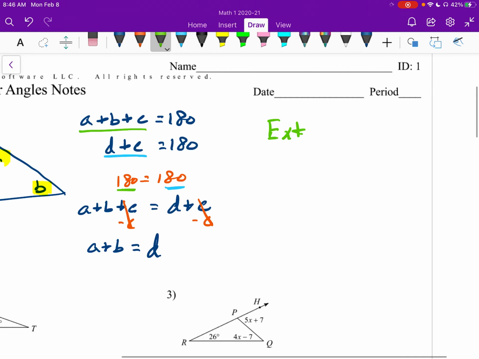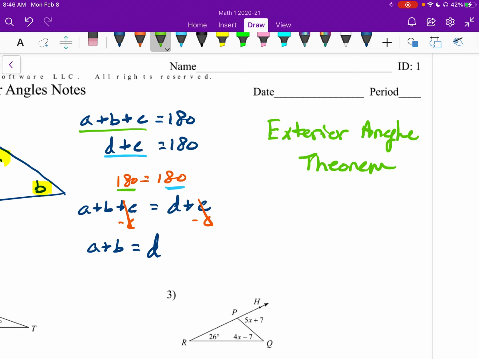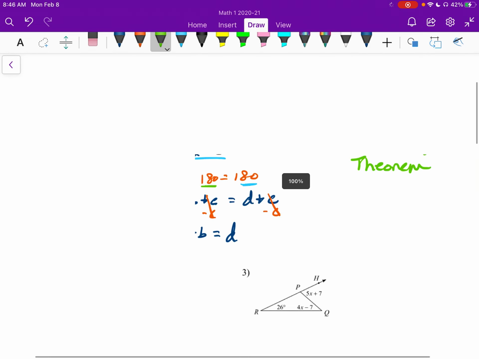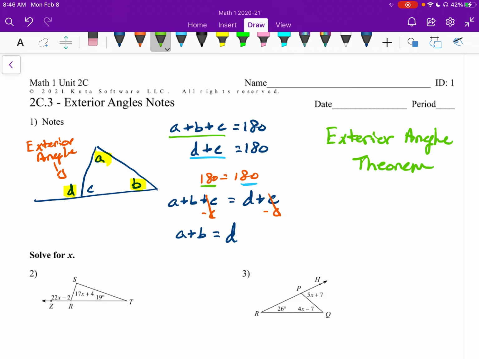Exterior angle theorem. Right? So if we're trying to find an exterior angle, and in this case it's angle D, then we add up the two angles that don't touch D, right? We don't use the C because it touches the D, but the A and the B are opposite of it. They're far away from it, and we add those together.